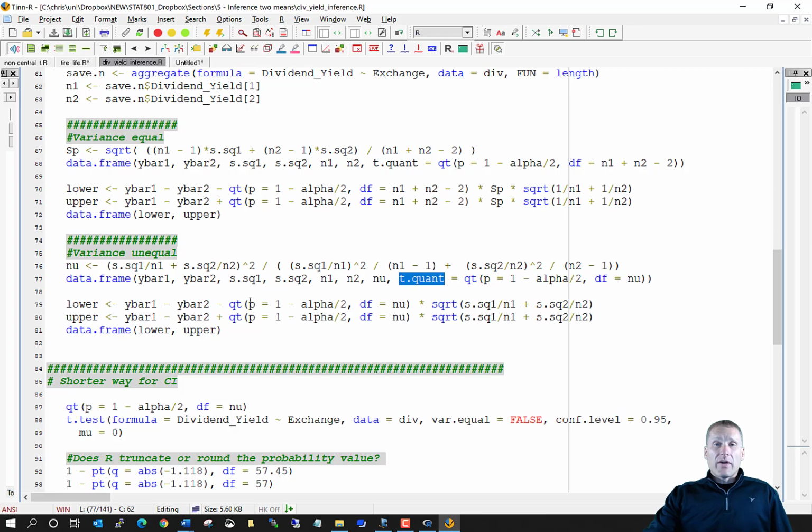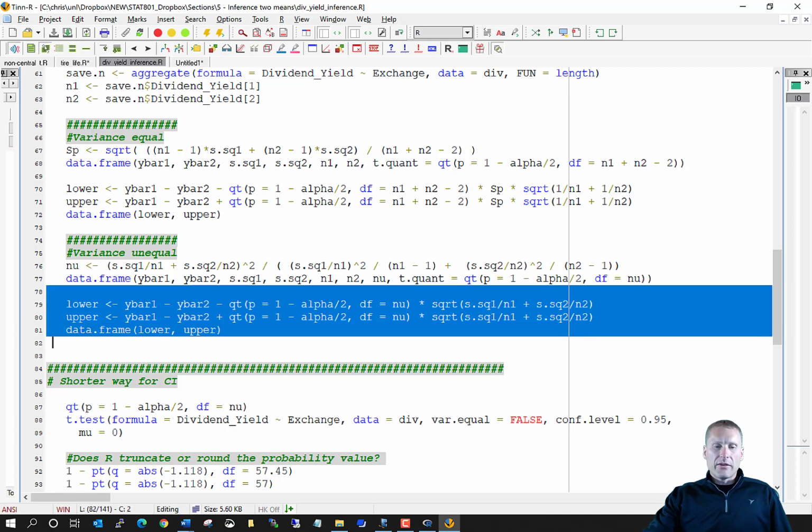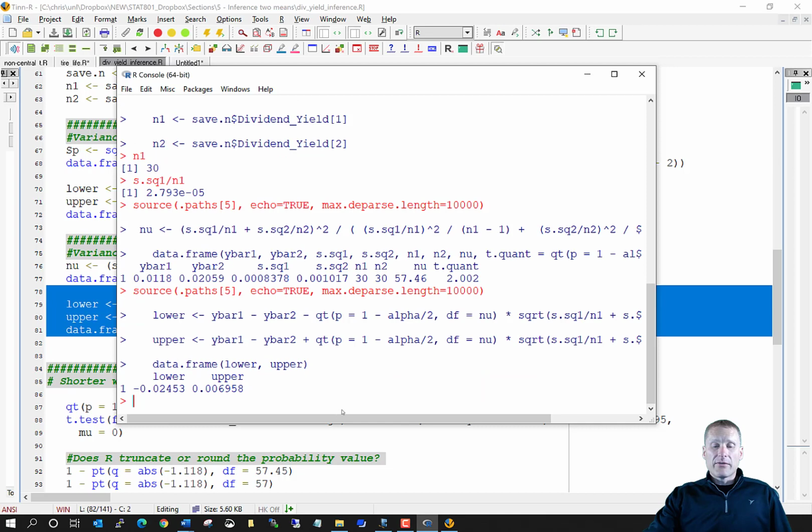Then it's just a matter of finding that lower and upper bound. y bar 1 minus y bar 2, subtract off the value from the t-distribution, times the square root of s1 squared divided by n1 plus s2 squared divided by n2. So let me go ahead and do that, put it in a data frame, and there's our confidence interval: negative 0.02453 to positive 0.0069. Okay, let's jump back over here to Word.